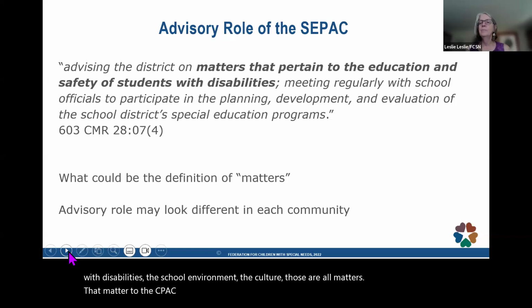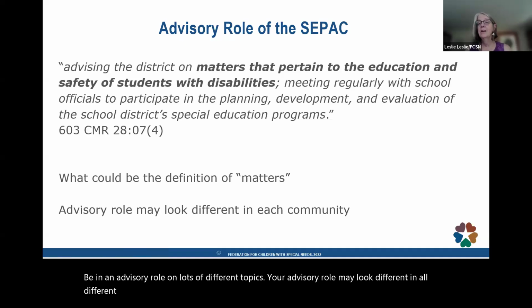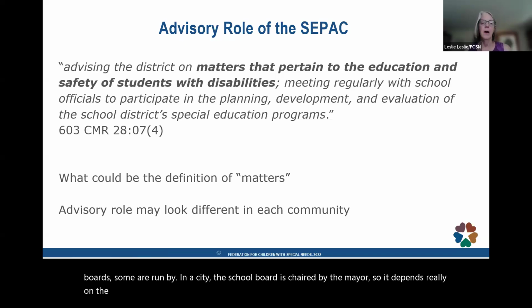So it is a broad definition, and the CPACs can really be in an advisory role on lots of different topics. Your advisory role may look different in all different communities due to the size and the structure of the community. Some have school boards, some are run by, in a city, the school board is chaired by the mayor. So it depends really on the size and the scope of your community and how that role will look.